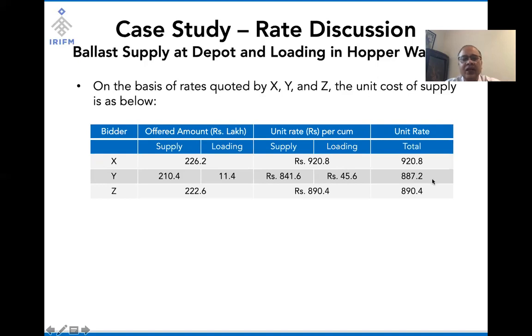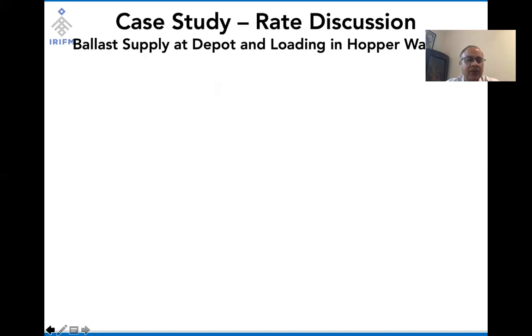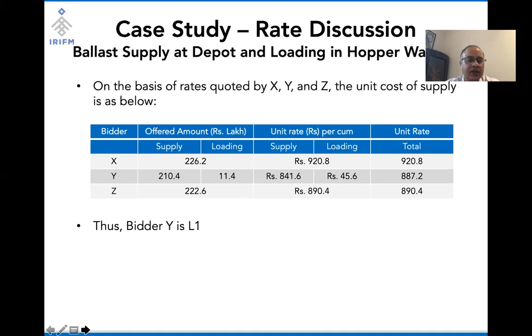So obviously, bidder Y is lowest, bidder Z is L2, and bidder X is the highest eligible bid. So that's what this table showed us, the inter-se position of each bidder for the instant case.